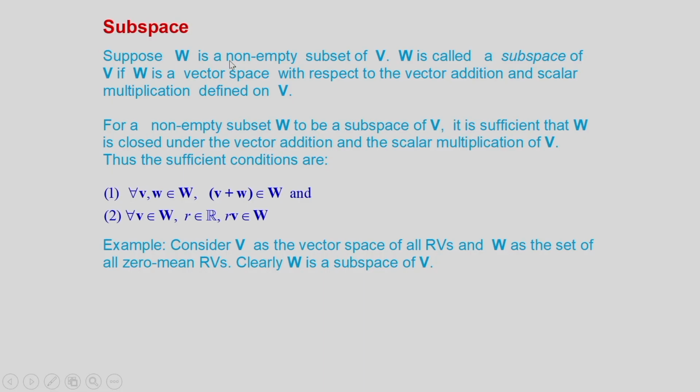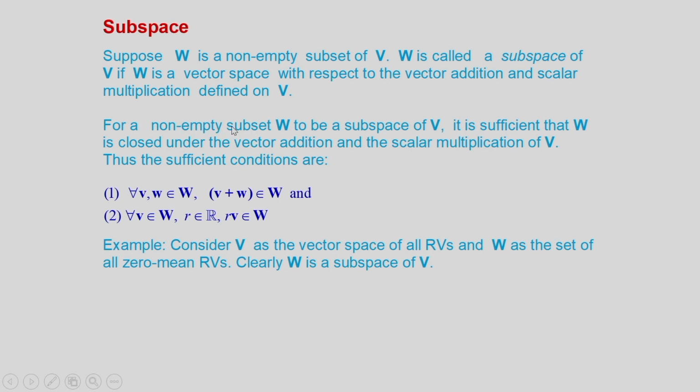Let us define a subspace. Suppose W is a non-empty subset of V. W is called a subspace of V if it is itself a vector space with respect to the same operations of vector addition and scalar multiplication defined on V. So W is a subset and it is itself a vector space with respect to the operations of the original vector space.